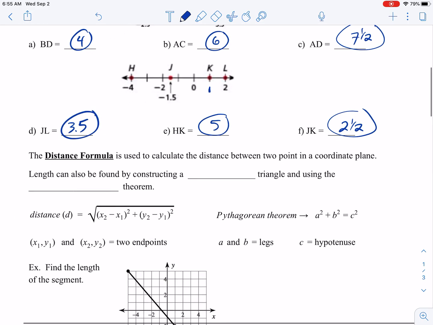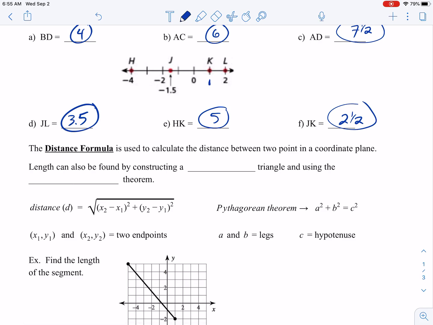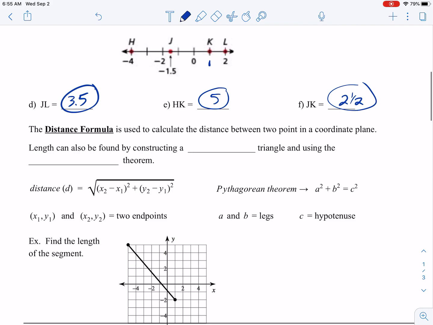Okay, counting on a horizontal number line will always work until we have points that are on a coordinate plane. So when we have points that are on a coordinate plane, we need to construct a right triangle like we were doing on the warm-up in class and use the Pythagorean theorem.